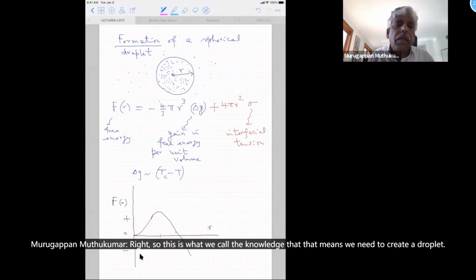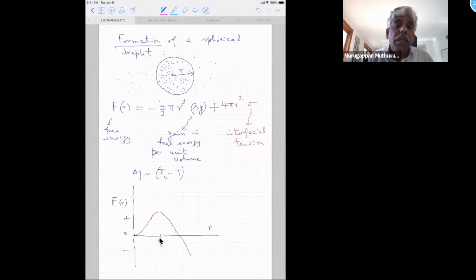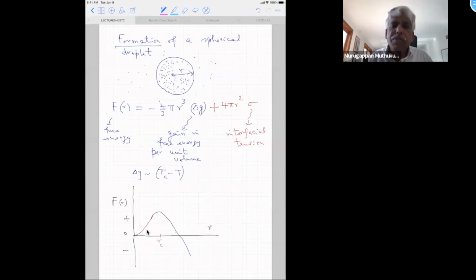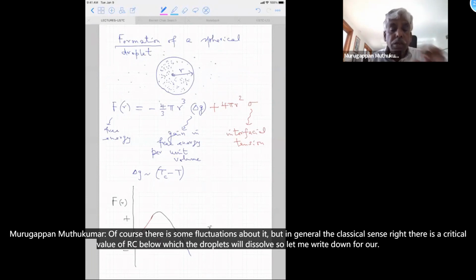So we need to create a droplet of at least this size RC, the critical size. Once you make a droplet of size RC, then it can grow. If you don't make that, it's going to be a difficult process. Of course, there are some fluctuations about it, but in general, in the classical sense, there is a critical value of RC below which the droplets will dissolve.